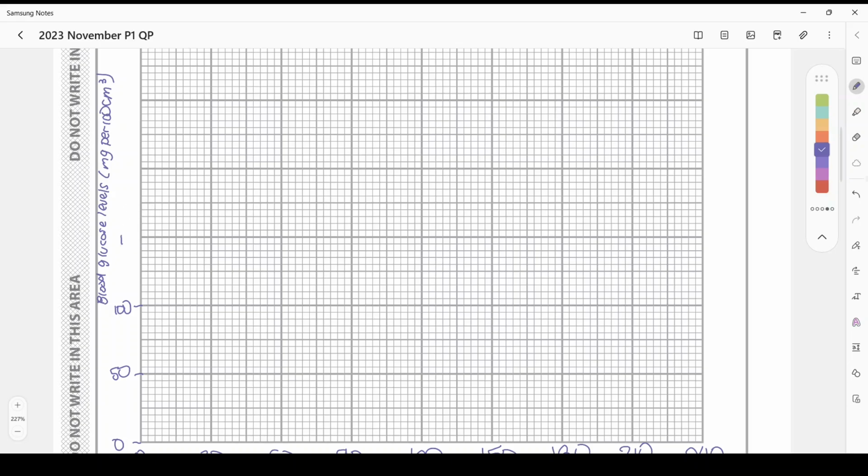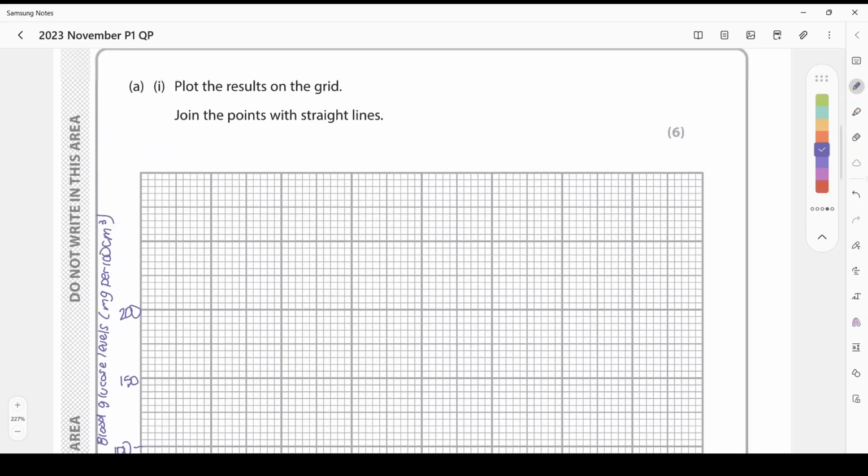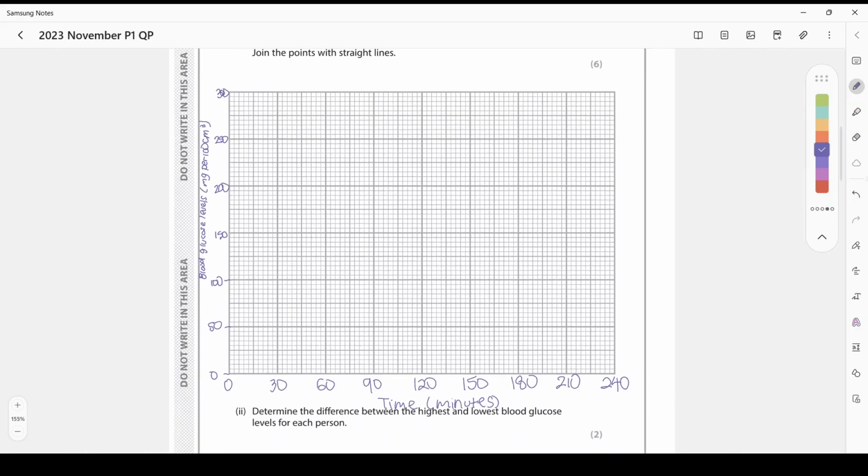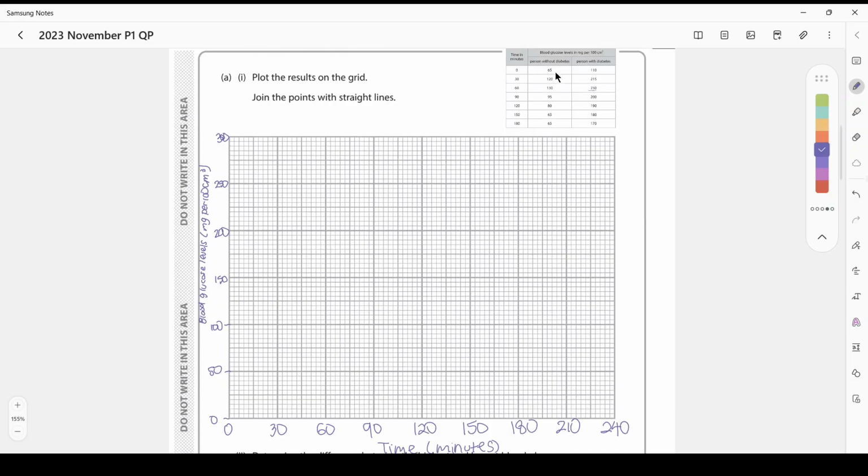This is 150, 200, 250, and 300. Okay, so even though there's extra space there, so long as we take up more than half of the grid space, that's okay.